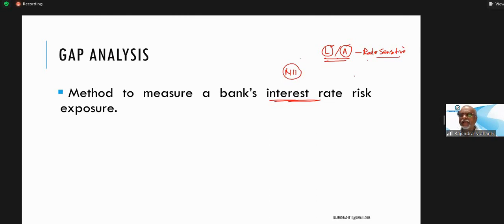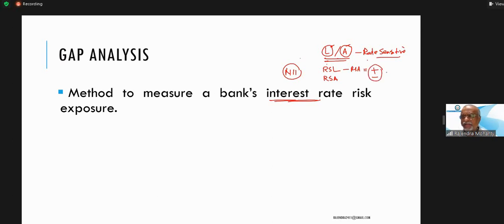So we will see what the rate sensitive liabilities and rate sensitive assets are in each time band, and we will subtract RSL from RSA and find the gap, whether it is positive or negative. Suppose the gap is X, whether it is plus or minus.